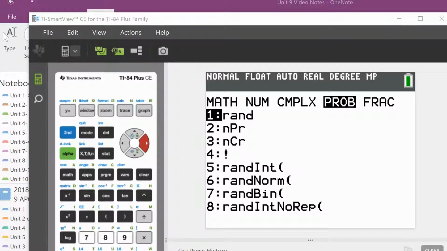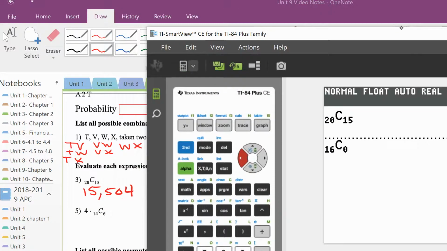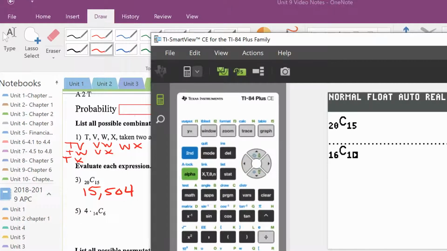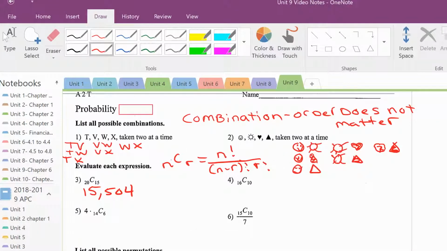Hit enter, and then 10. Sorry, I have to move the calculator around to get it to work. So it gives you 8,008 different ways. So that's the number of ways that you could do 16 things, taking them 10 at a time.